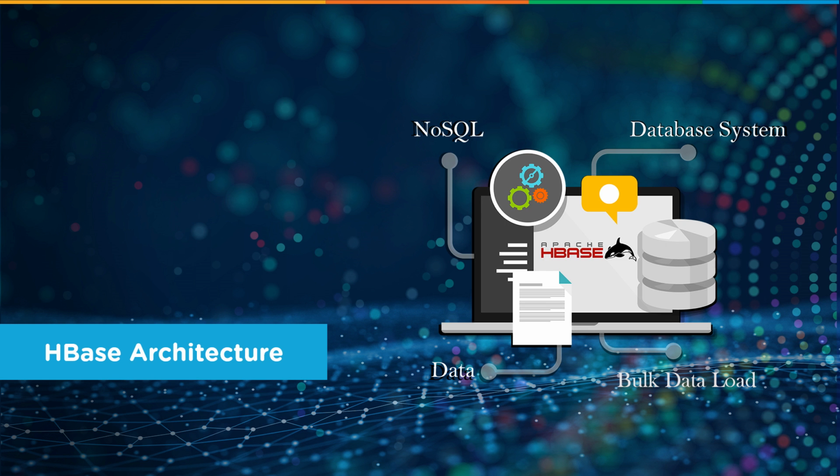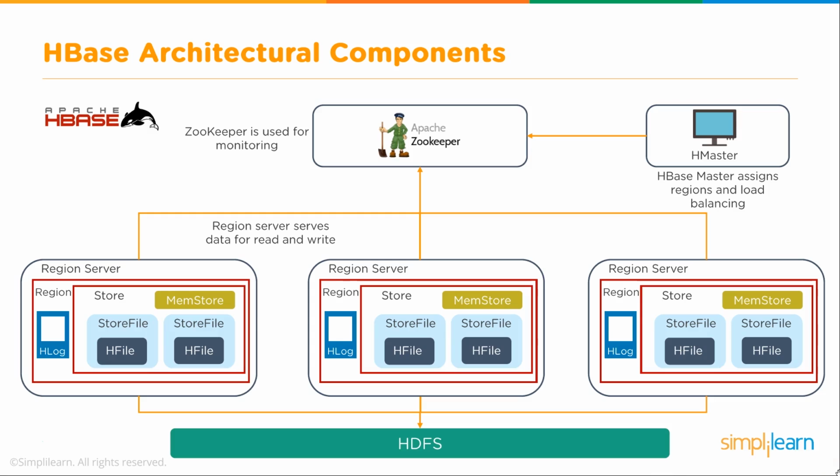Let's dig a little deeper into the HBase architecture. And so you can see here what looks to be a complicated chart. It's not as complicated as you think. From the Apache HBase, we have the Zookeeper, which is used for monitoring what's going on. And you have your HMaster. This is the HBase master, which assigns regions and does load balancing.